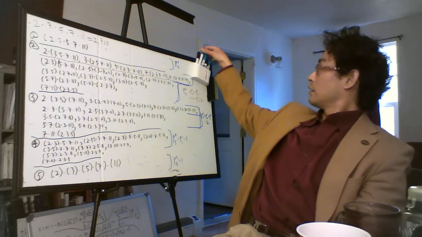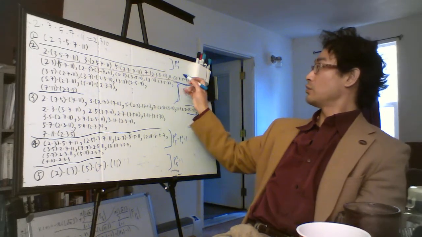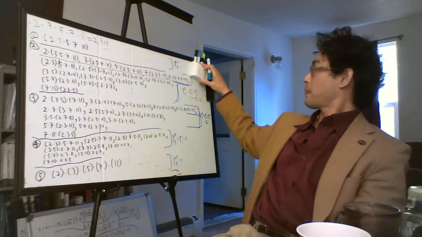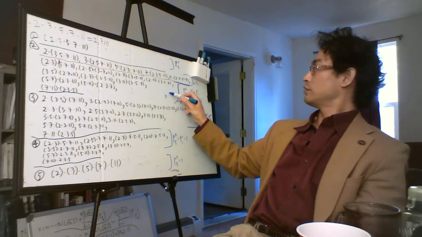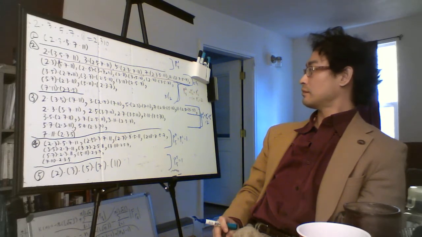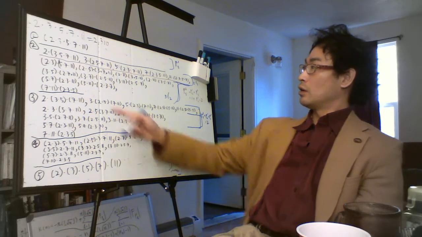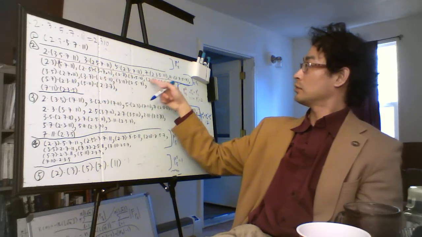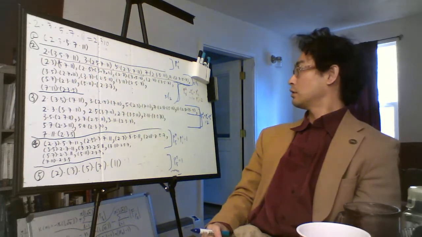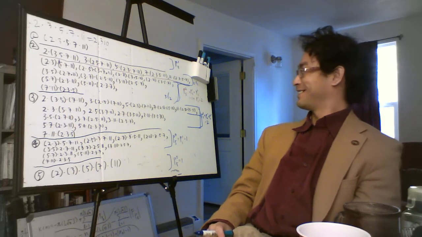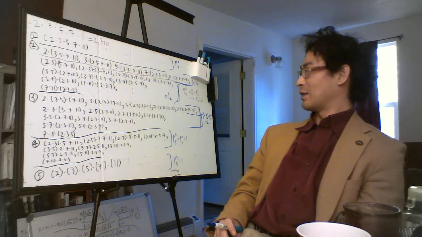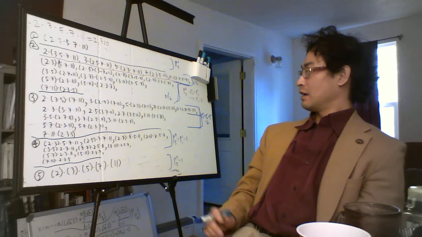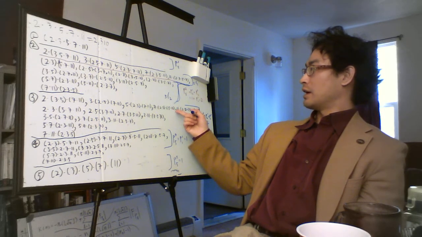Here you have 5C1, and here you have 5C2, right? 25 of them, right? I mean, 10 of them. Sorry. And here the picture is a little bit more complicated.